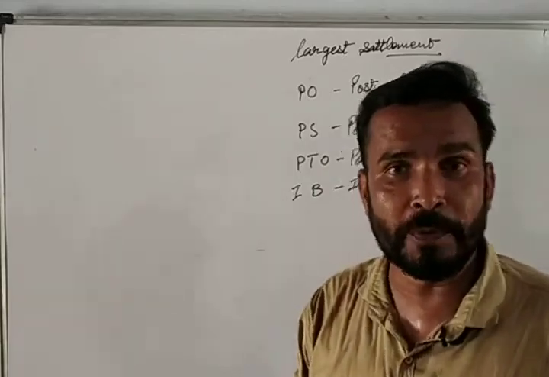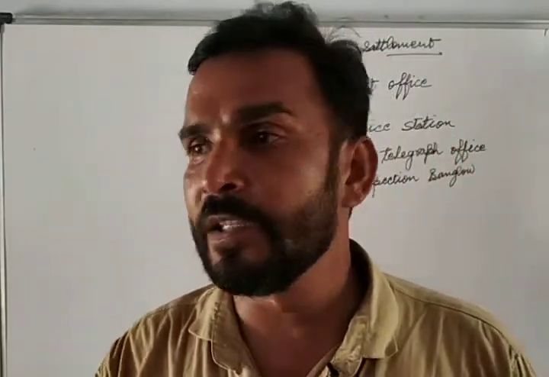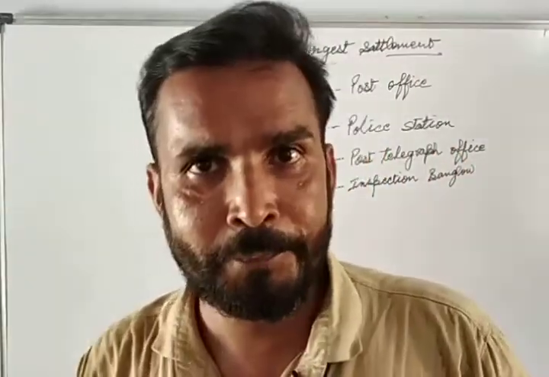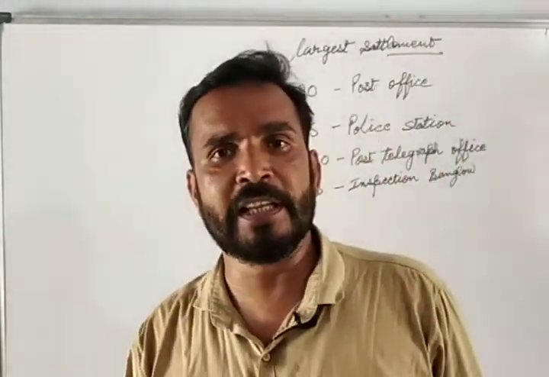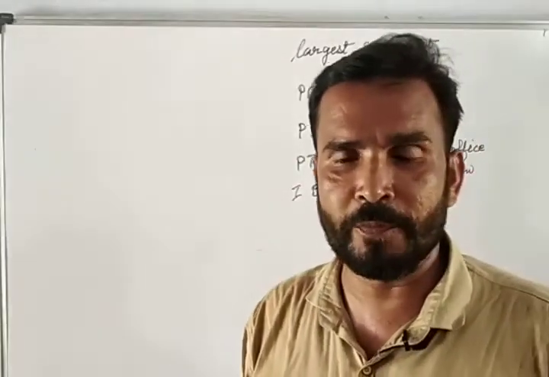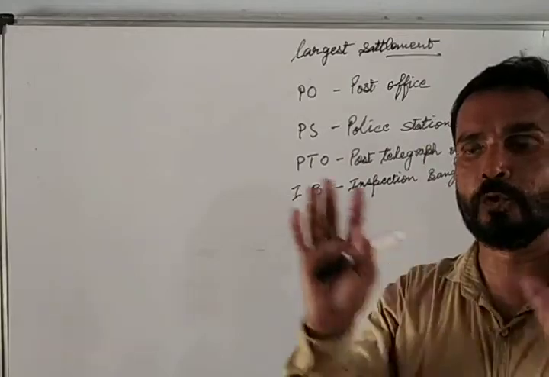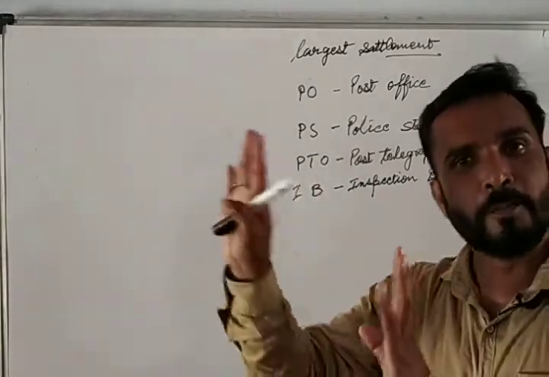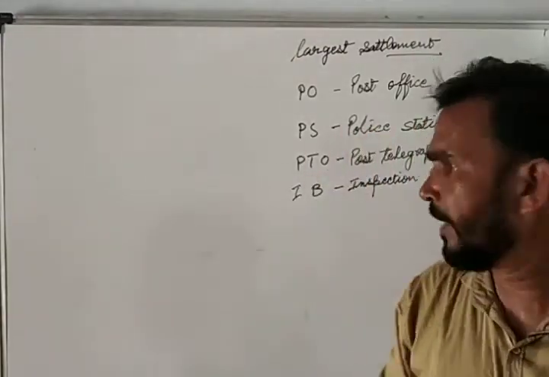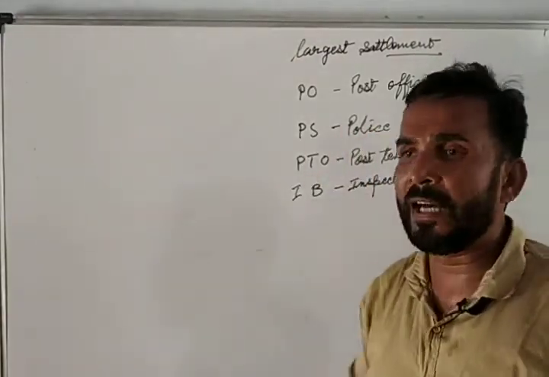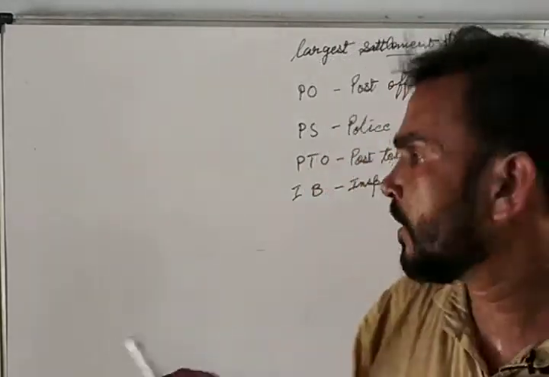Generally, where will the post office be? In a small village, there will not be a post office. Government makes a post office for 2-3 villages together. Because for a small population and a small area, government will not set up government buildings like a post office or police station. So the police station, where will it be? Close to 2-3 villages together, they will have one police station, one post office, one post telegraph office, that was in ancient time. Inspection bungalows are also made for government officers for inspection purposes.